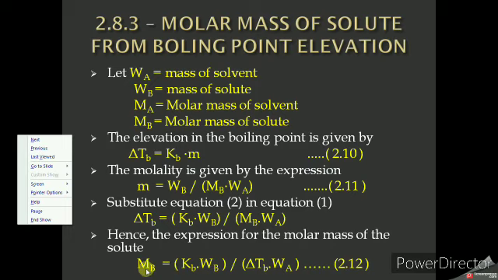So again, I will revise the terms, and while writing the derivation, always mention your terms which are given in your formula. So Mb means here molar mass of solute, Kb is ebullioscopic constant or molar elevation boiling point constant, then Wb is mass of solute, delta Tb is elevation in boiling point, and Wa is mass of solvent.